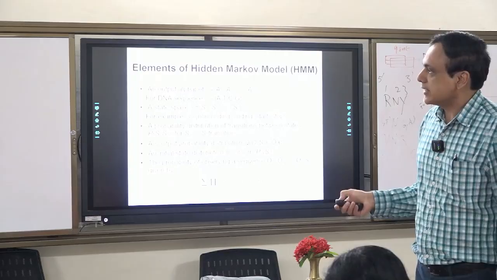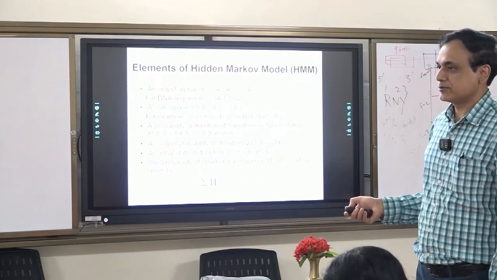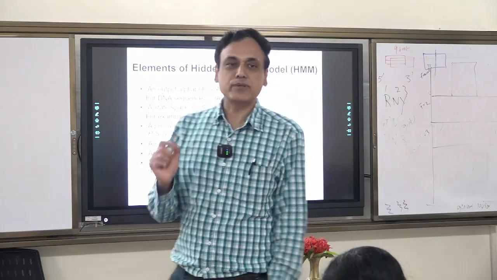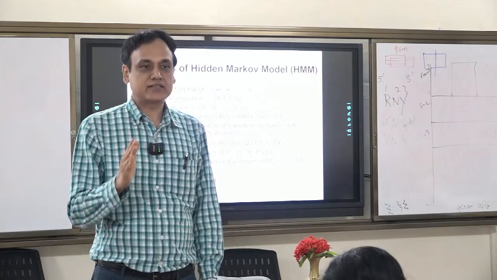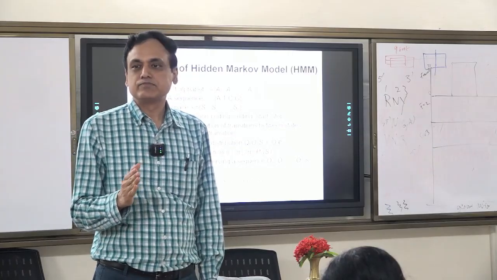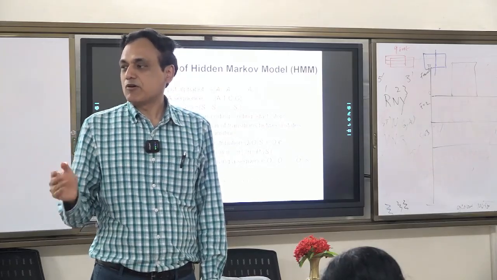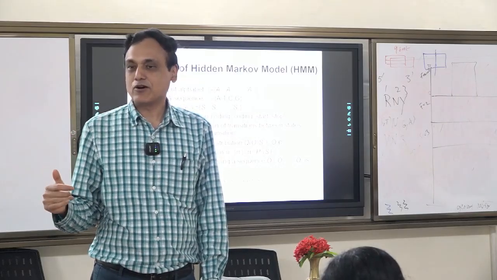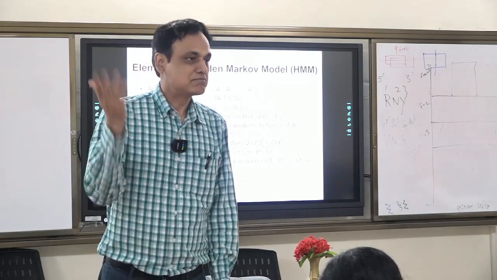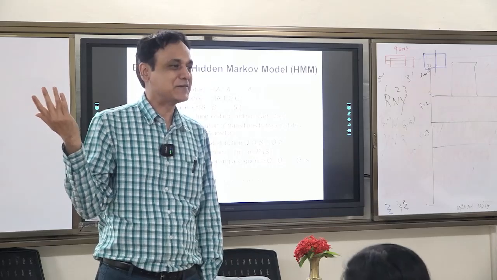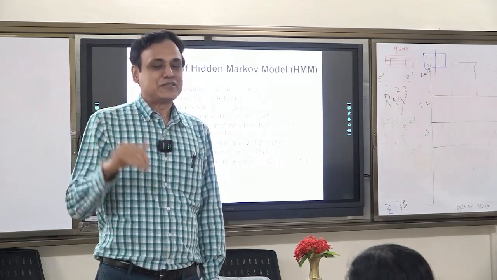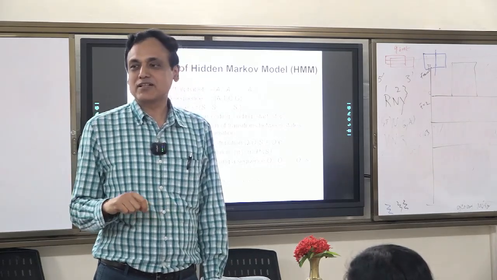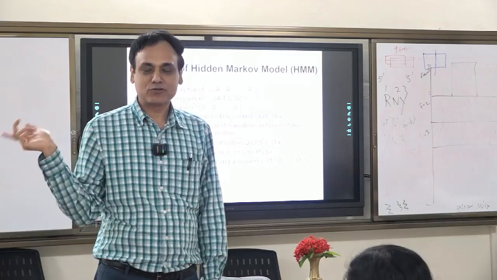And next would be output probability distribution, probability of observing an outcome from a hidden state. So probability of observing A from the protein coding state. Okay. So we will try to understand further as we go to the next slides.